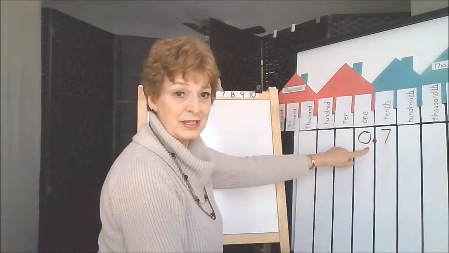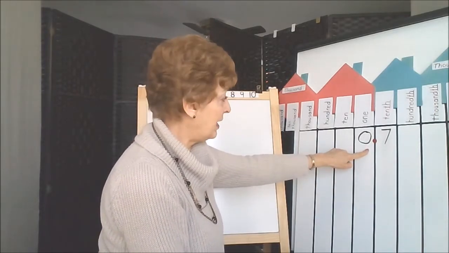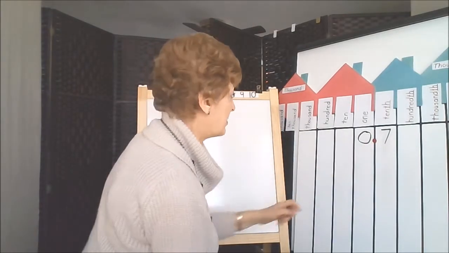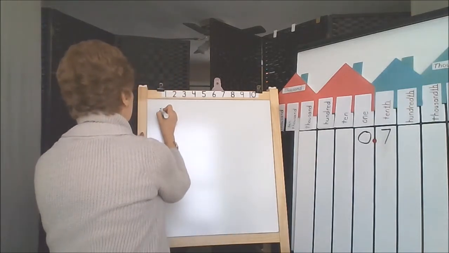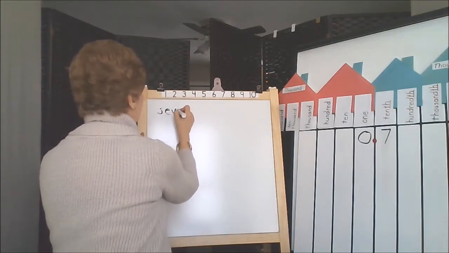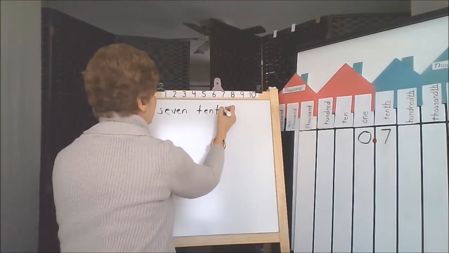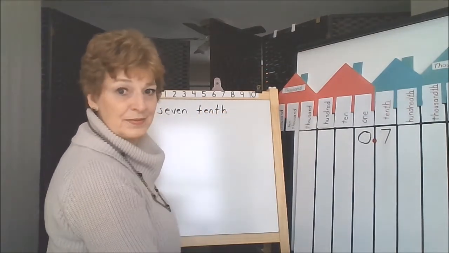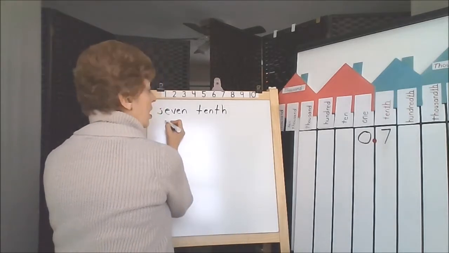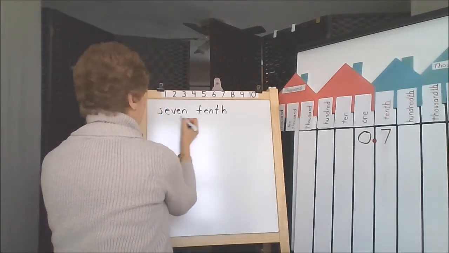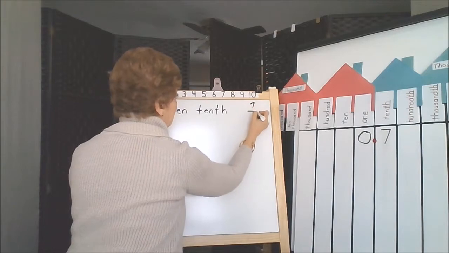So this is actually the better way to communicate the seven tenths, which could be written 0.7. Again, we've got that TH on the end of that word, tenths. As a fraction, it would be written as 7/10.